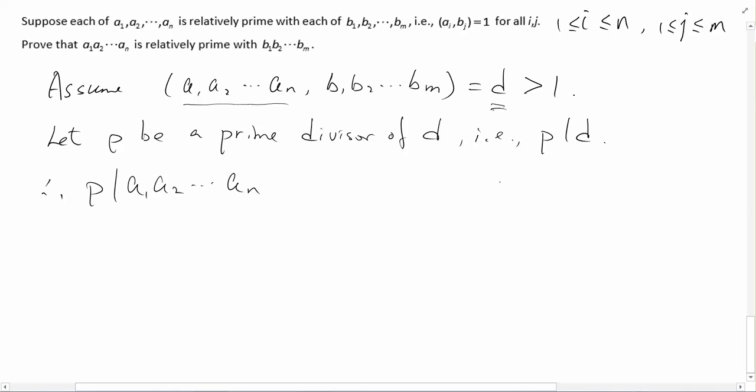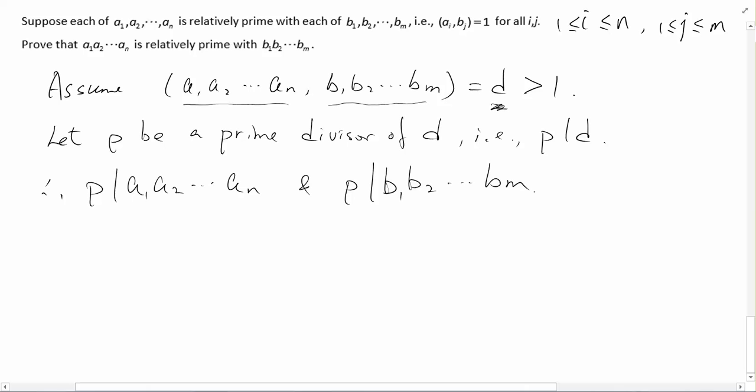And since D is also a divisor of B1, B2 up to Bm, P, this prime divisor of D, also divides the product B1, B2 up to Bm.